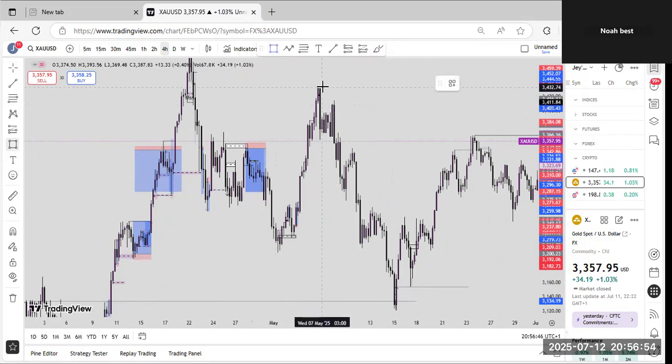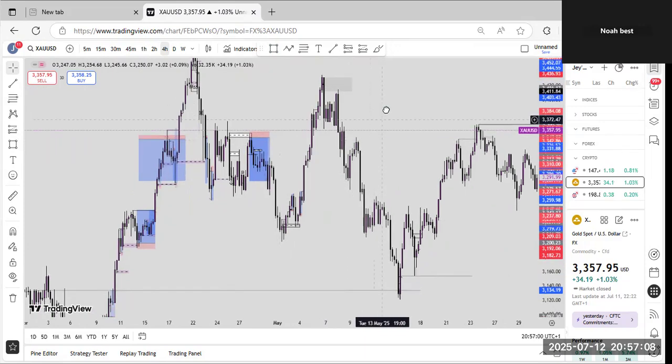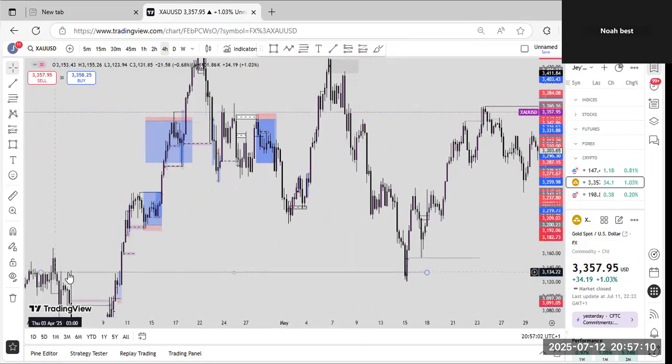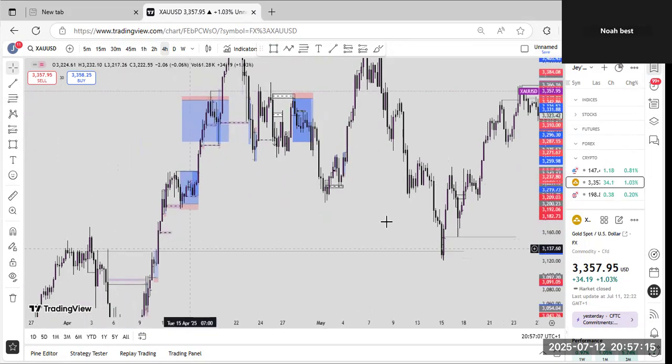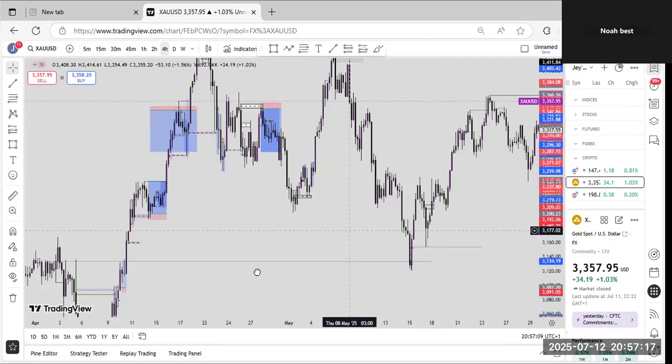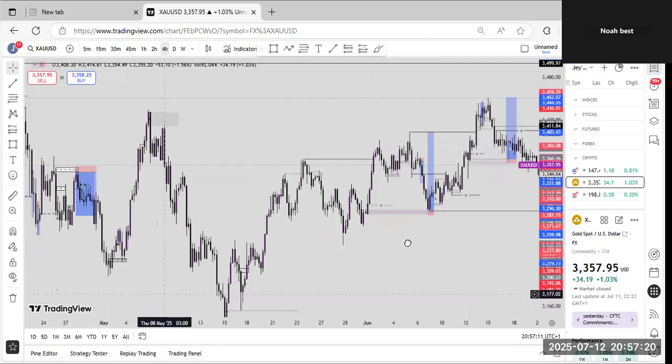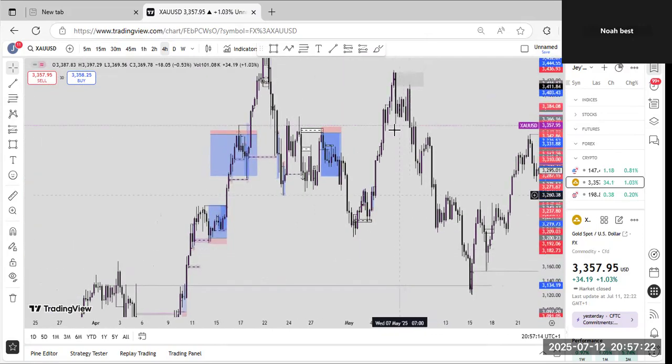I'm going to go to 30 minutes and show you something. This is a 4 hour order block. You saw price reacted from it. When price reacted from it, price went down to another zone here, which was a breaker. Price reacted from that breaker block and reversed up. Price reacted from this other block, dropped down to this breaker, then reversed up.